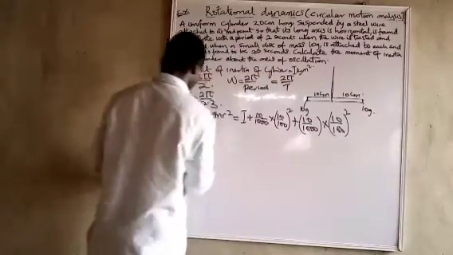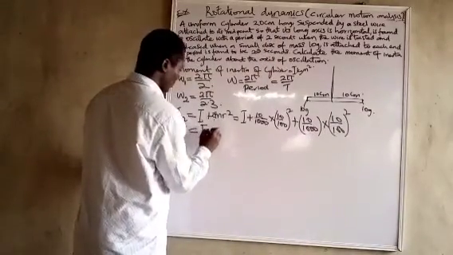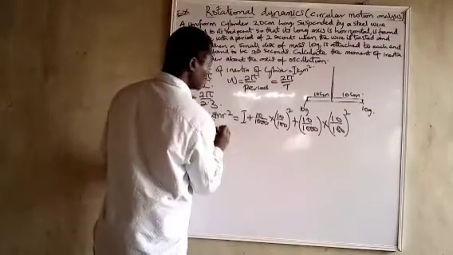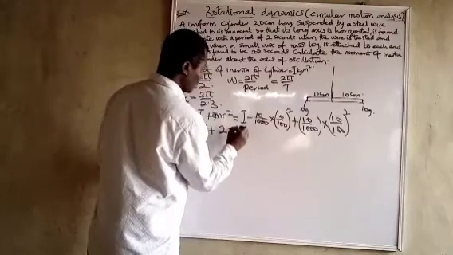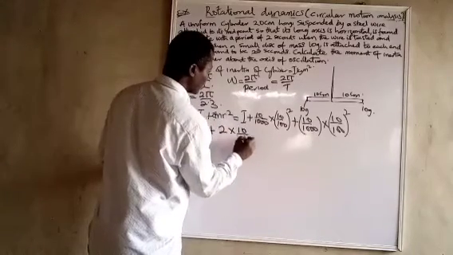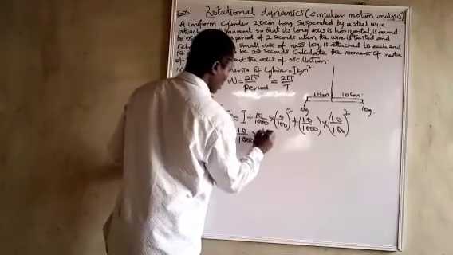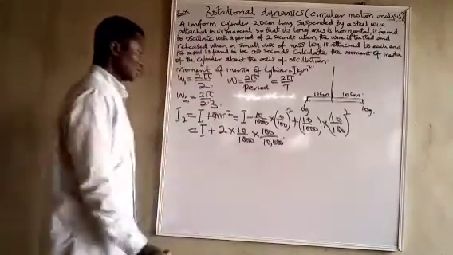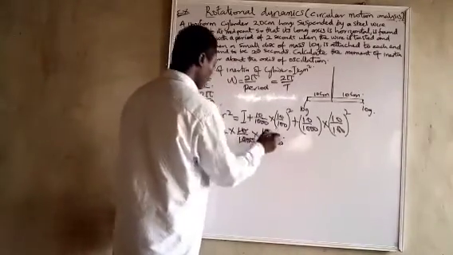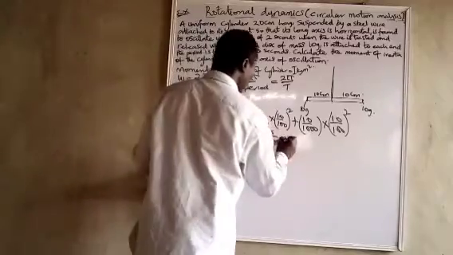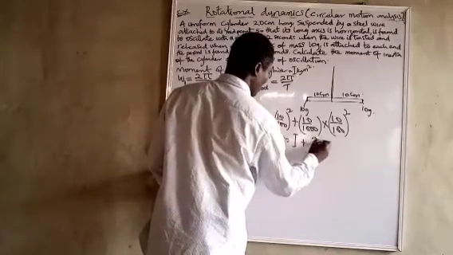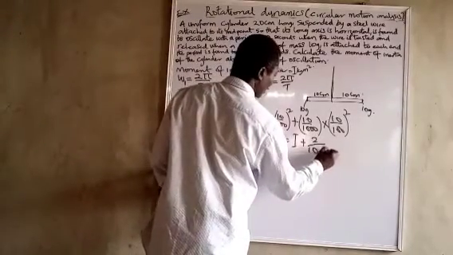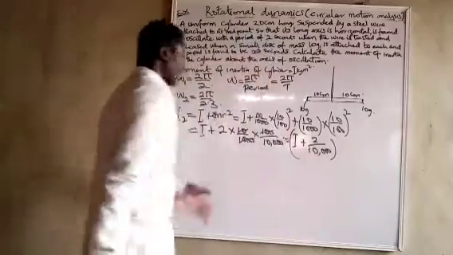So that is our new I. And that's going to be I plus 2 times 10 over 1000 times 100 over 10,000. So take notes. Let's now cut. So I'm going to have I plus 2 over 10,000. So that's our new I now.